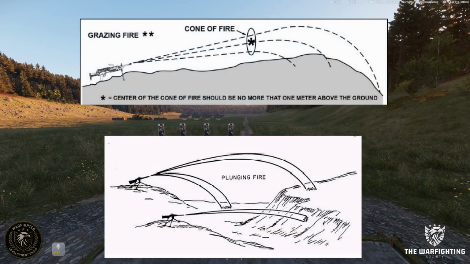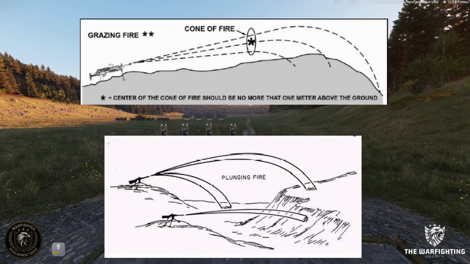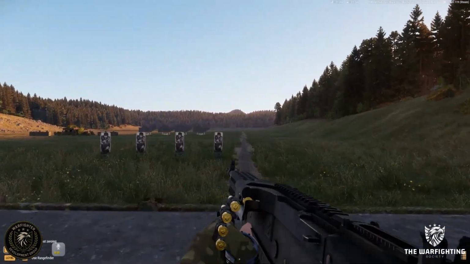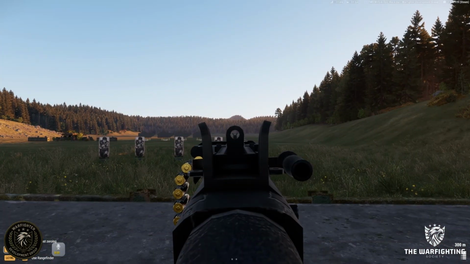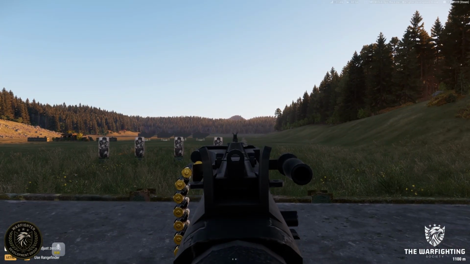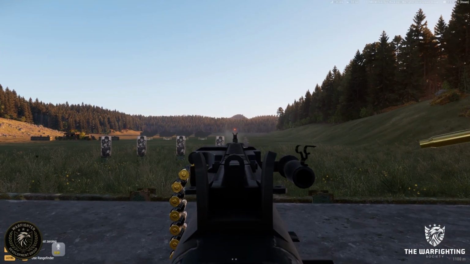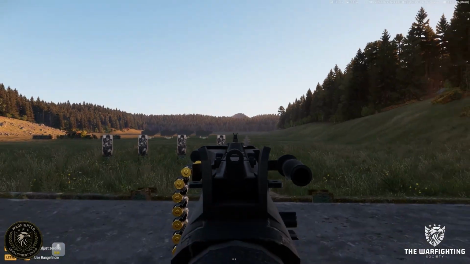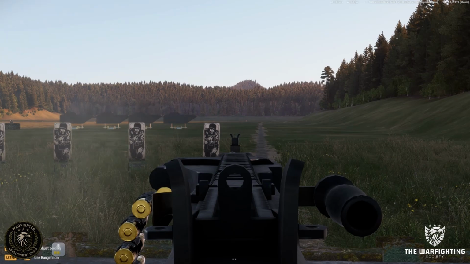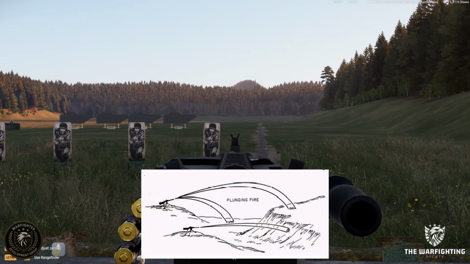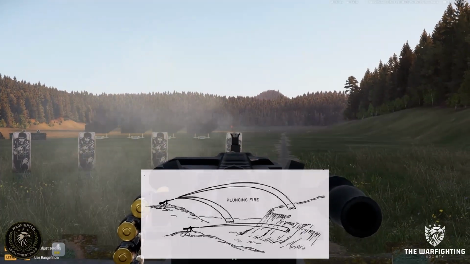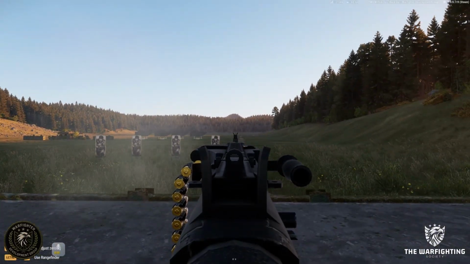We also have grazing fire and plunging fire. These are not relative to your enemy, but to you and the terrain. So if I'm here, and I'm shooting at targets all the way on the tree line out there, I have to range up super far, and obviously as I do that, I'm aiming higher and higher. And you see those rounds have a ton of arc on them. They're dropping maybe 20 meters before they hit their target. So all of these targets that I'm shooting at here, I wouldn't be hitting, right?